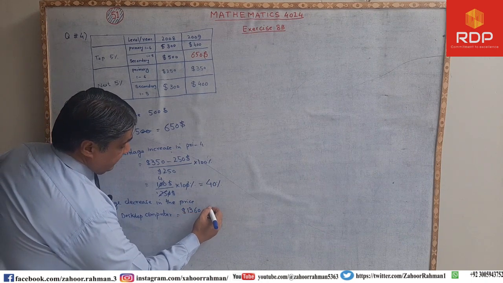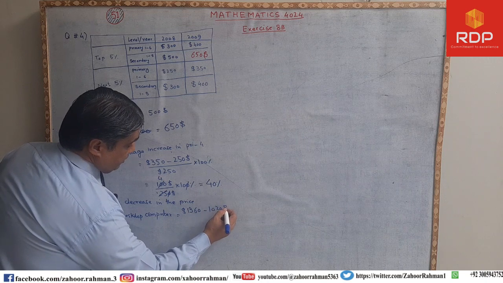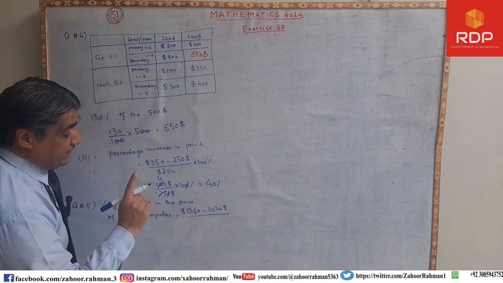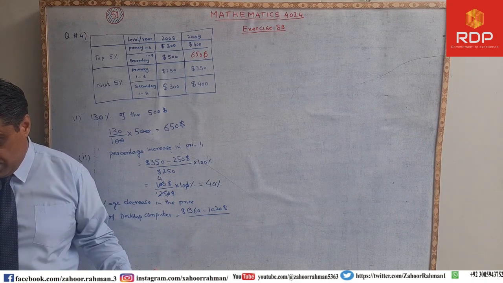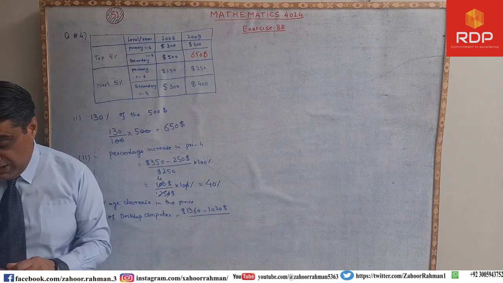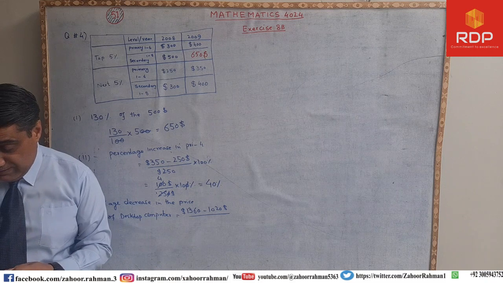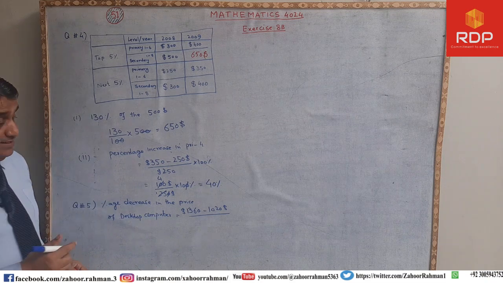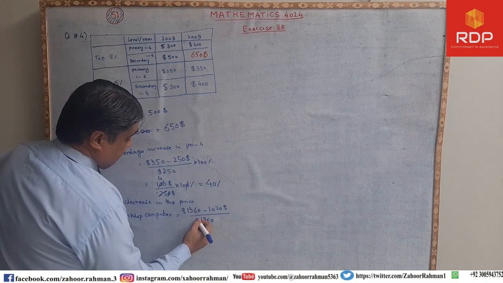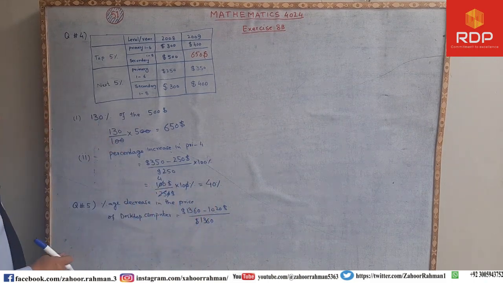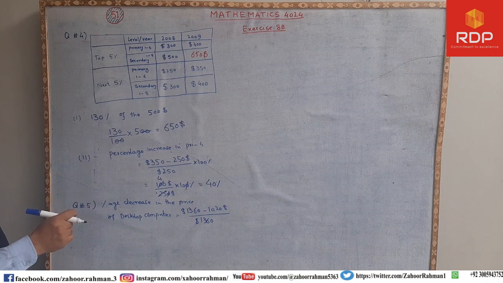So $1360 minus $1020 divided by the original price. In this case, the original price is 1360. $1360 was the original, it is decreased and then became 1020.